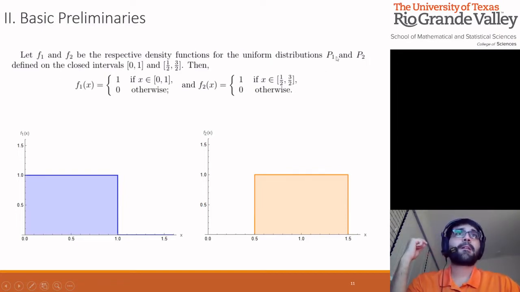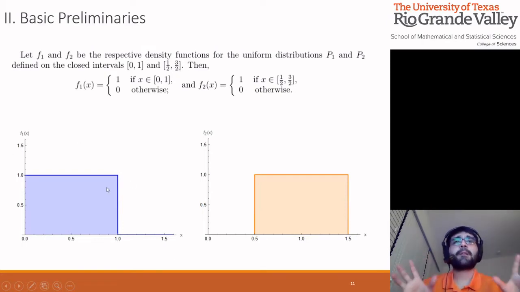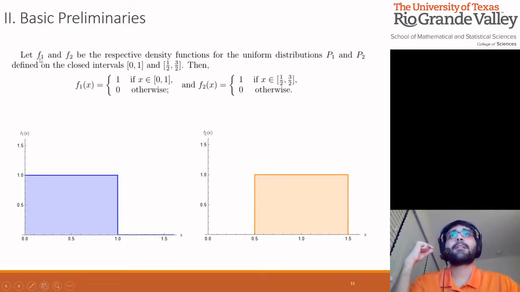Remember, we let P sub 1 and P sub 2 be two Borel probability measures, defined on the closed intervals 0 to 1 and 1/2 to 3/2. So we have these two independent Borel probability measures, and these two independent density functions.